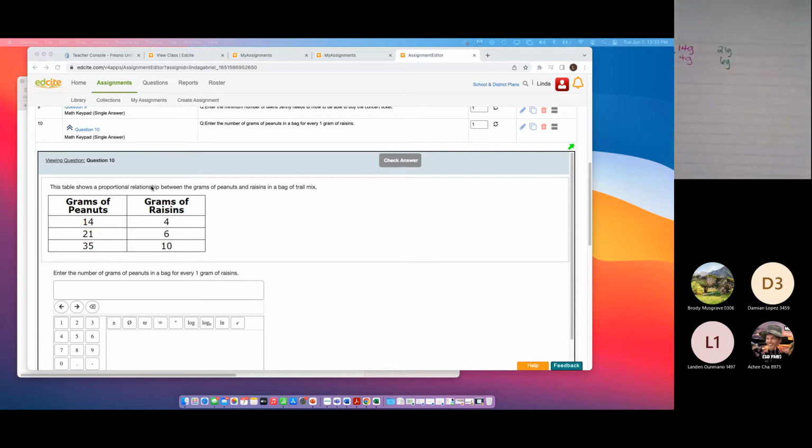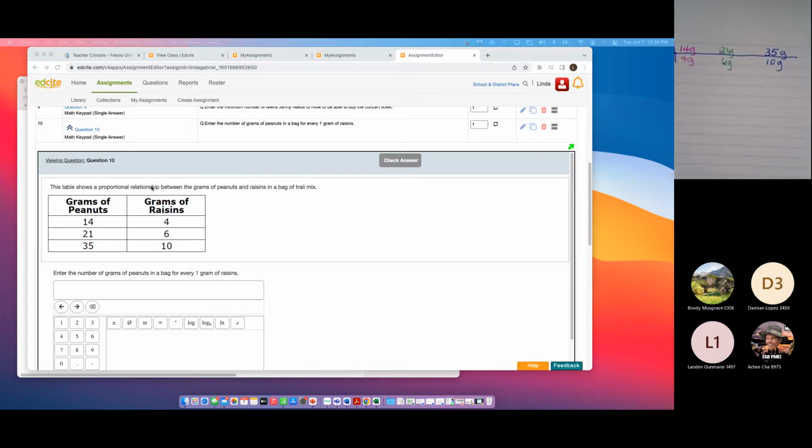Okay, the next one I have 35 grams of peanuts, and I have 10 grams of raisins. So now I need to figure out what my pattern is. Like, how did I get from 14 to 21 to 35? And then 4, 6, 10.